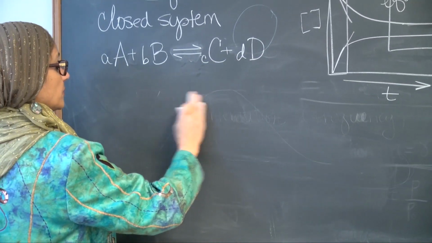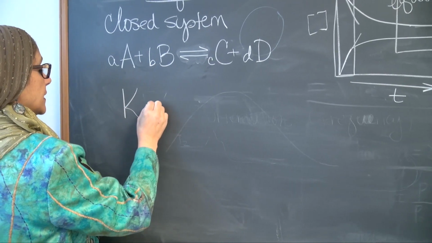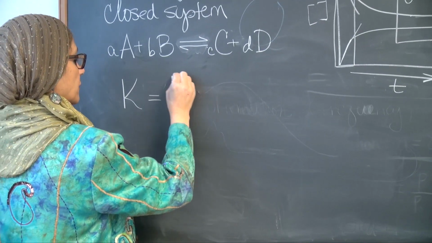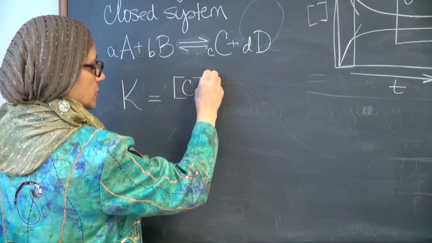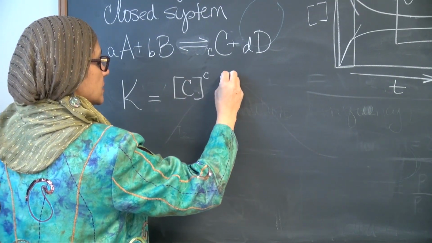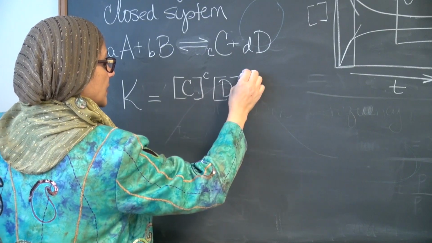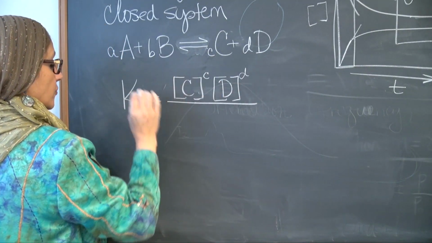So now our equilibrium constant expression would be K is equal to the products. We have the concentration of C raised to its coefficient times the concentration of D raised to its coefficient, divided by the reactants.